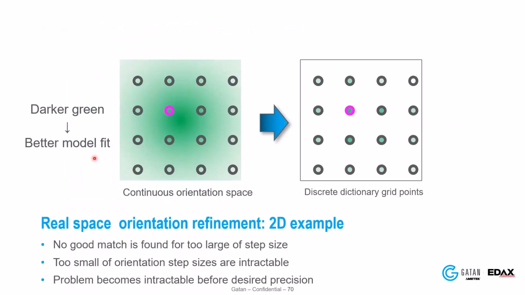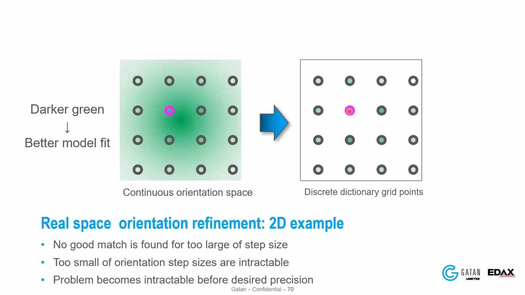So what we do is we have what we call an orientation refinement example. This is an example you can think of from dictionary indexing, where we have some initial patterns we're matching against on an equally spaced grid. This is our best match, but this is where the real best match is.